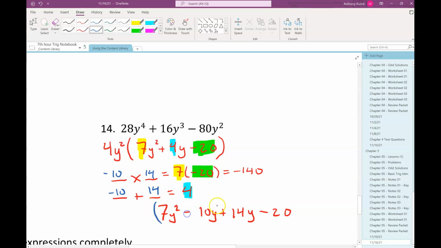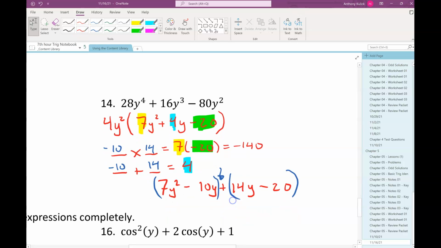And then I'll make my 2 groups. Note that when I make those 2 groups, I have to have a plus sign in the middle. So if you had written that as 14y minus 10y, just make it plus a negative 10y, and it's fine.